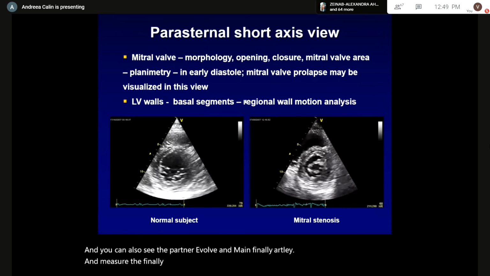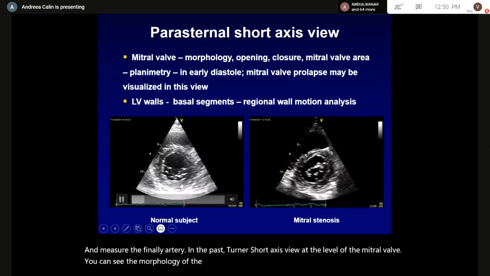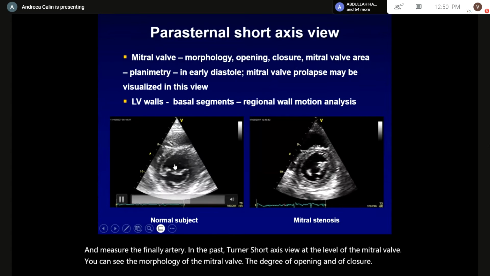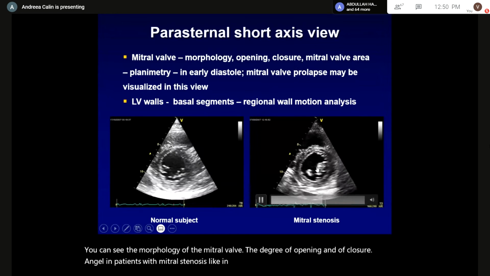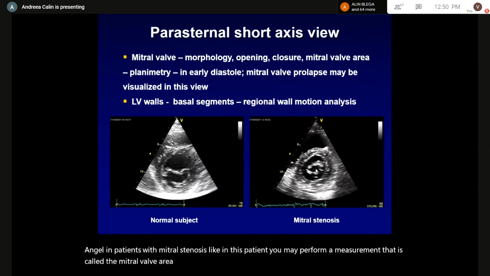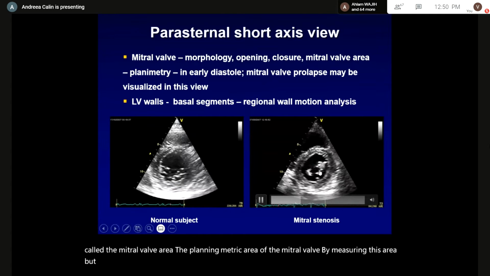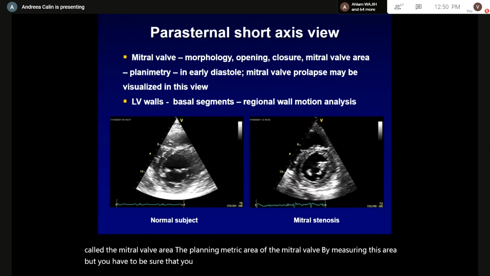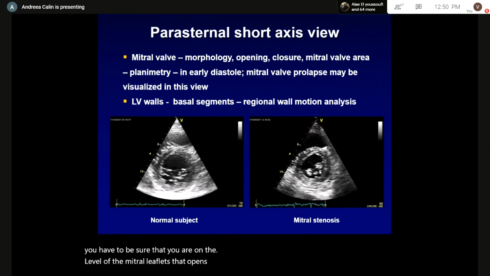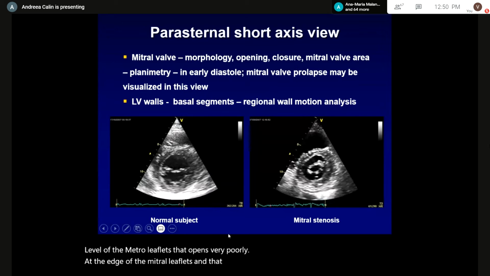In the parasternal short axis view at the level of the mitral valve, you can see the morphology of the mitral valve, the degree of opening and of closure. And in patients with mitral stenosis, like in this patient, you may perform a measurement that is called the mitral valve area, the planimetric area of the mitral valve, by measuring this area, but you have to be sure that you are at the level of the mitral leaflets that open very poorly at the edge of the mitral leaflets, and that the smallest orifice is obtained.